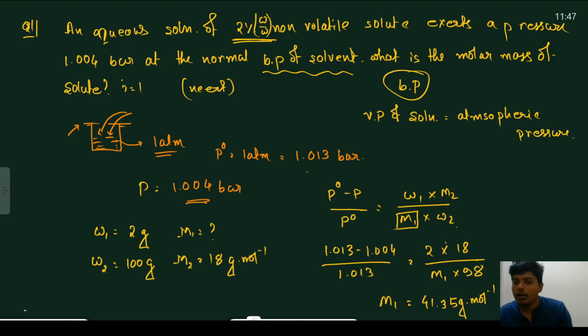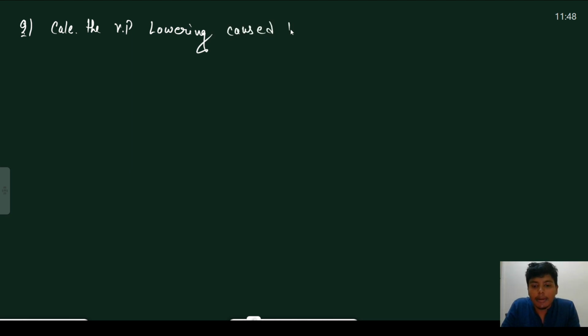Okay, am I audible? So I'm giving one question. The question is: calculate the lowering of vapor pressure caused by the addition of 50 gram of sucrose.